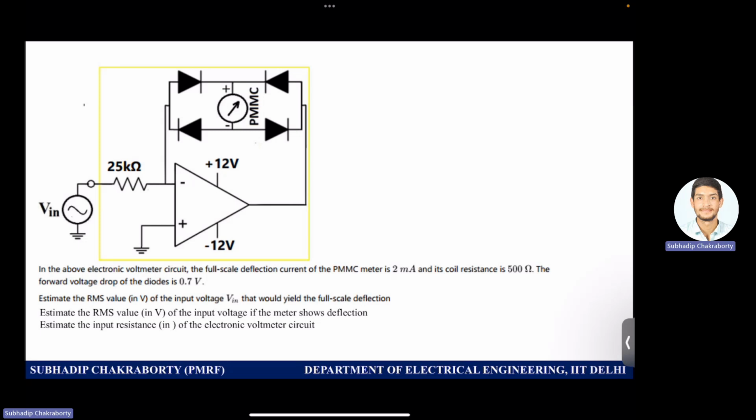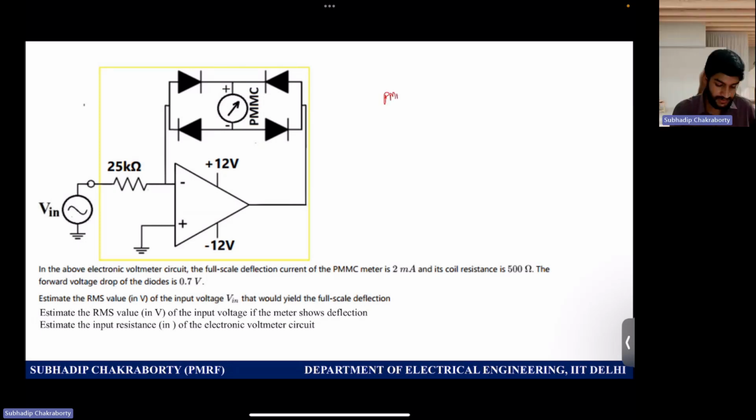One thing only you need to know, that is what the PMMC meter measures. So PMMC meter always measures the average. So irrespective of whatever is written, you need to know and use this information. It is very important in this kind of arrangement.